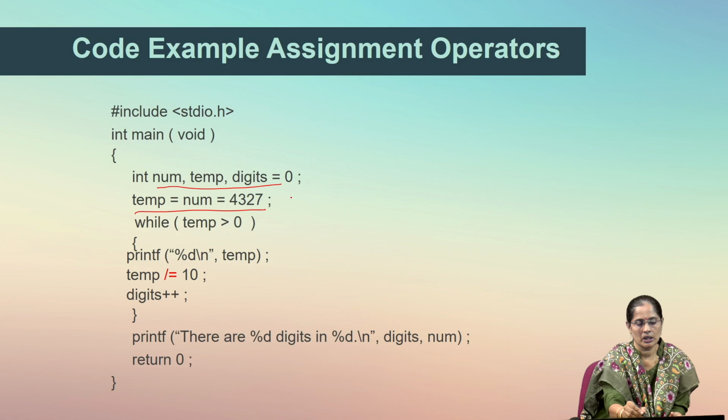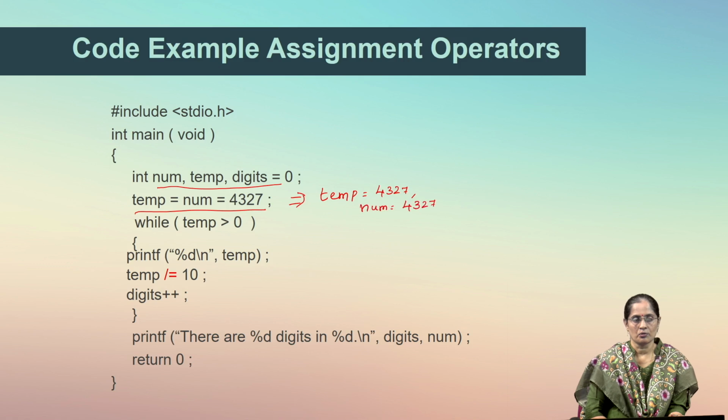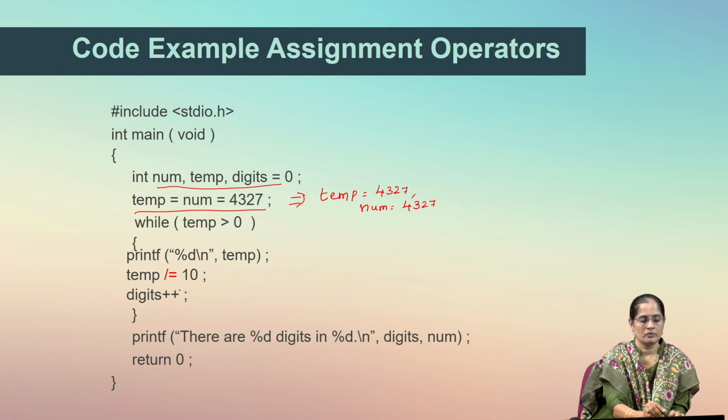This is actually equivalent to temp equal to 4327, also num equal to 4327. So, while temp greater than 0, we are checking the condition: is the value of the variable temp greater than 0? If it is greater than 0, we are printing out the value of temp.